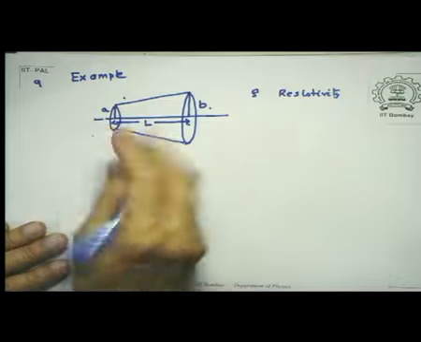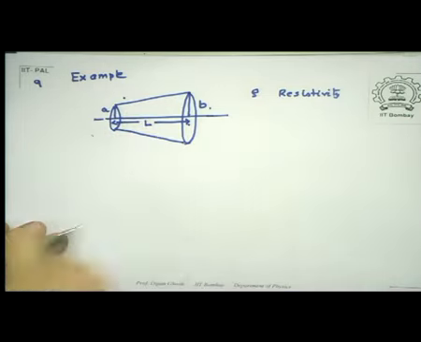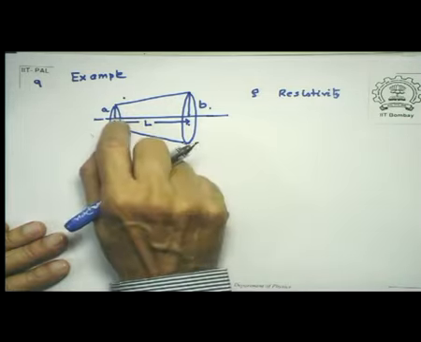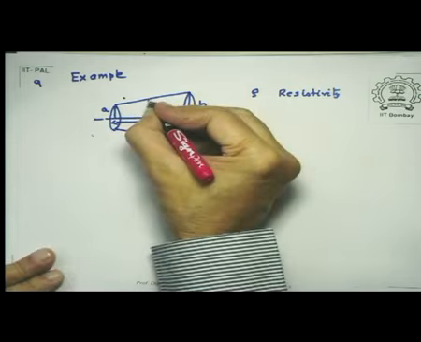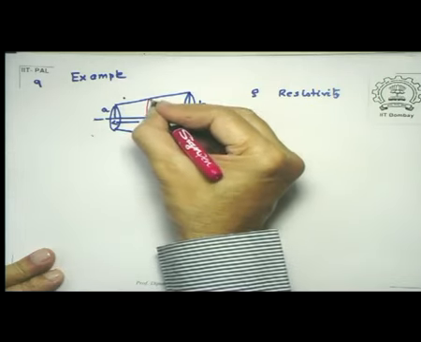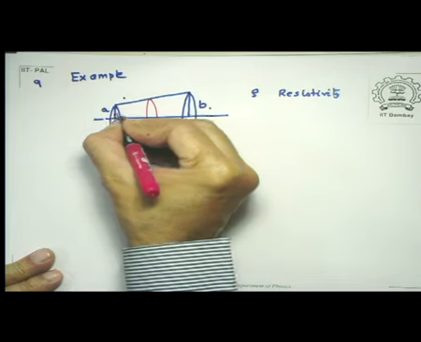Now I can first look at what is the radius of the circle at a distance x from one of the ends. So this is what I am looking for. This distance is x.